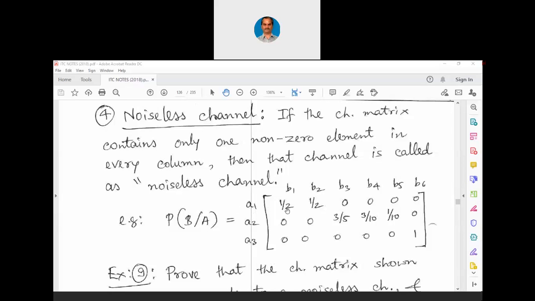You don't have to worry about whether B1 is received when A1 is transmitted, or B2 when A2 is transmitted, because in this the destination symbol alphabets are 6, whereas the source symbol alphabets are only 3. So we don't have to have specific relationships defined. Anyhow, it is called a noiseless channel, indicated by this matrix, where we know distinctly that only one symbol is received at the destination. That's all.